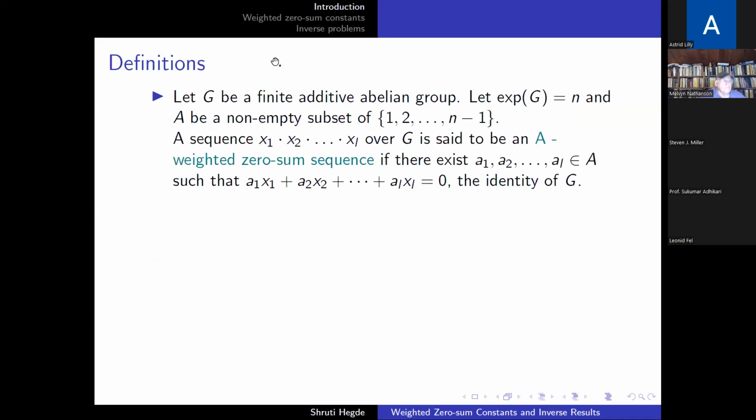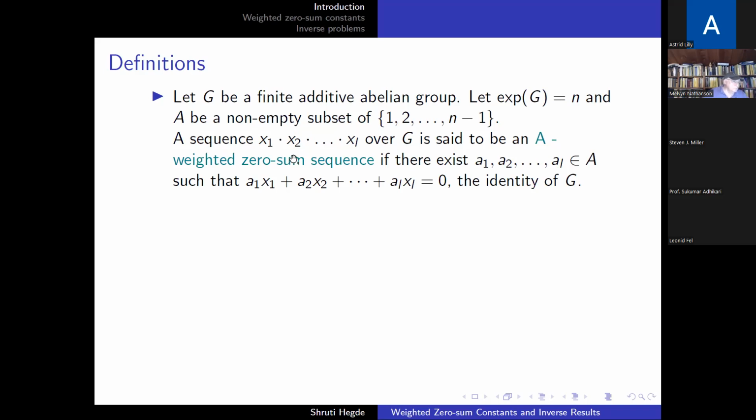So first, some definitions. Let G be a finite additive abelian group. Let its exponent be n, and let A be a non-empty subset of the set 1 up to n minus 1. By a sequence over G, we mean a multiset of elements of G, and we will be writing sequences in multiplicative notation as we have written here.